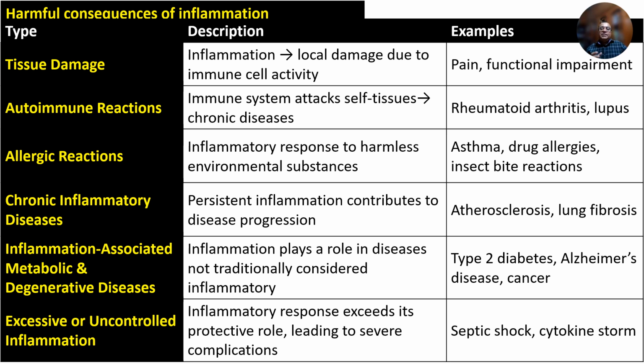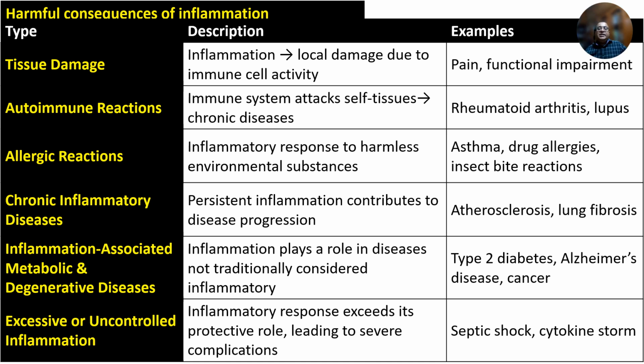The examples or types of these harmful consequences are tissue damage, in which inflammation occurs that leads to local damage due to immune cell activity, and there is presence of functional impairment and pain. Then in autoimmune conditions, the immune system attacks cell tissue and results in chronic diseases. Examples are SLE or systemic lupus erythematosus and rheumatoid arthritis.